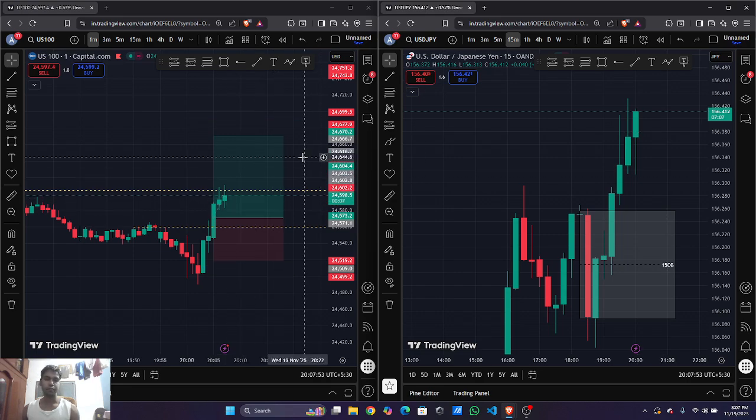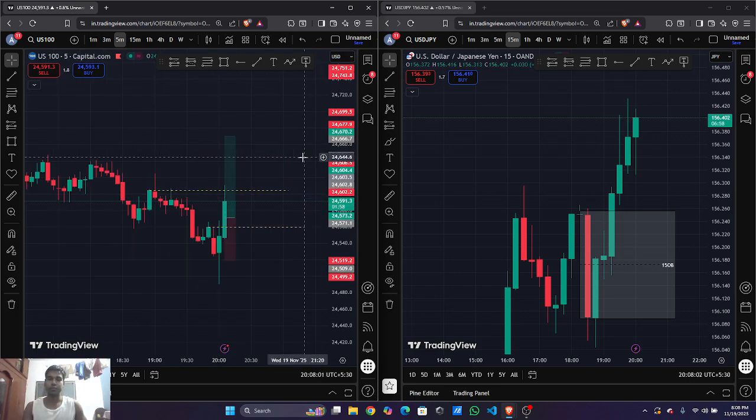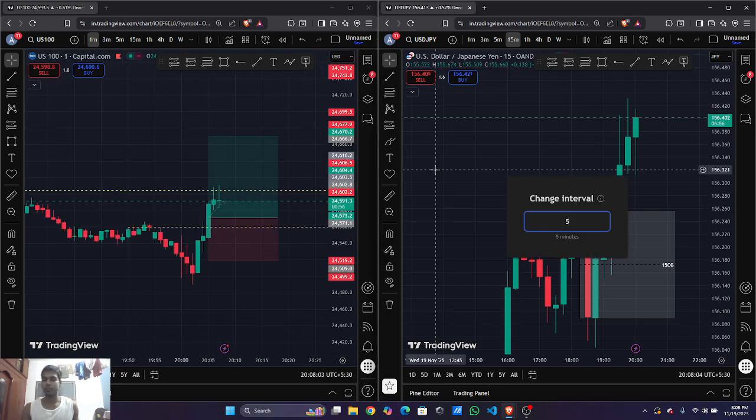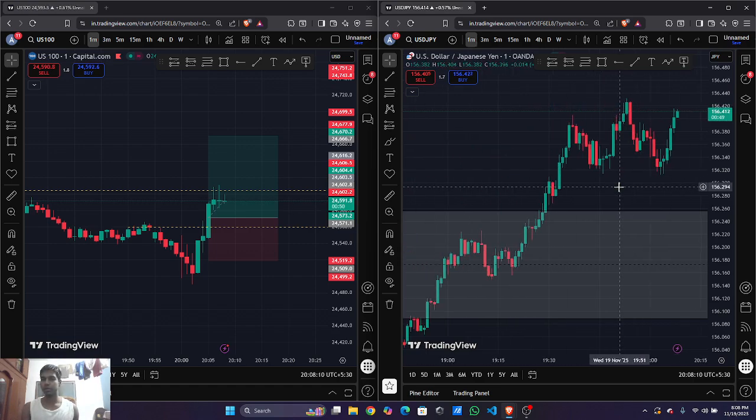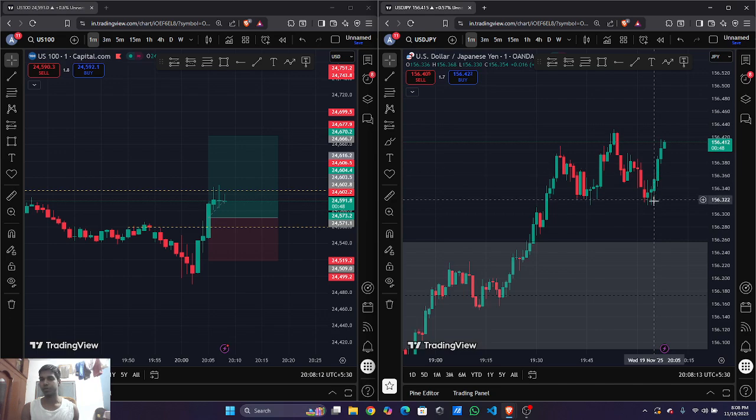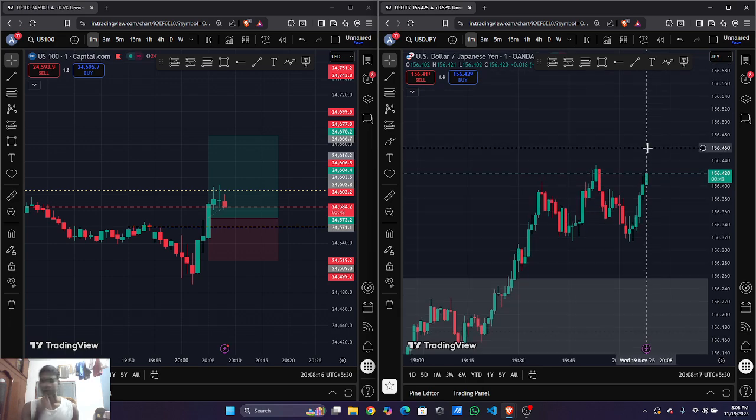This is more than enough. You can see in 5, and in 1 minute, this was the manipulation break of structure going down, sweeping these lows, and then it's going up.